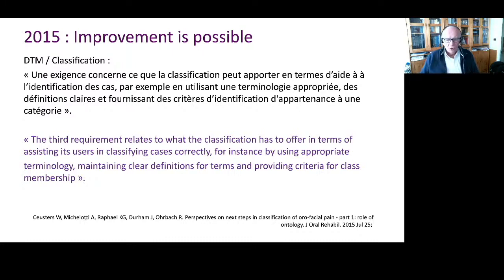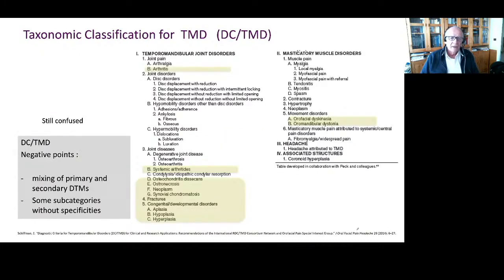And some authors that you can see here said we have to improve the DC-TMD 1 year after its publication. Look at the classification proposed by DC-TMD. You can have here arthritis. What means arthritis? Arthralgia. It is a sign. It is not a diagnosis. Here we have systemic arthritis.